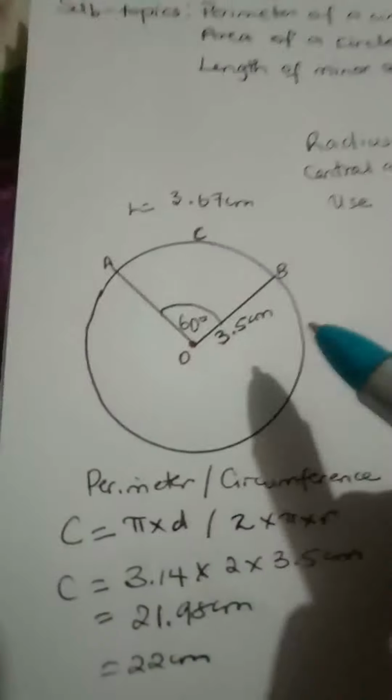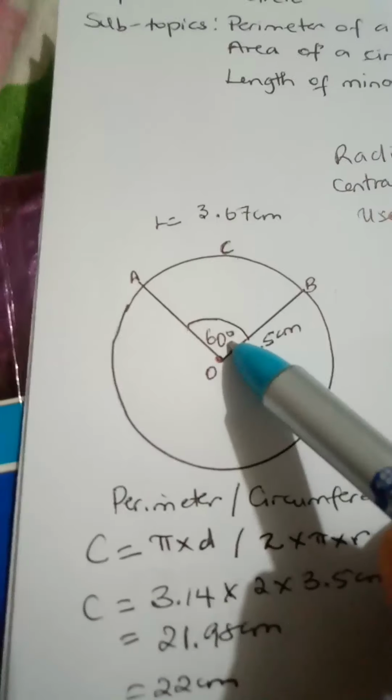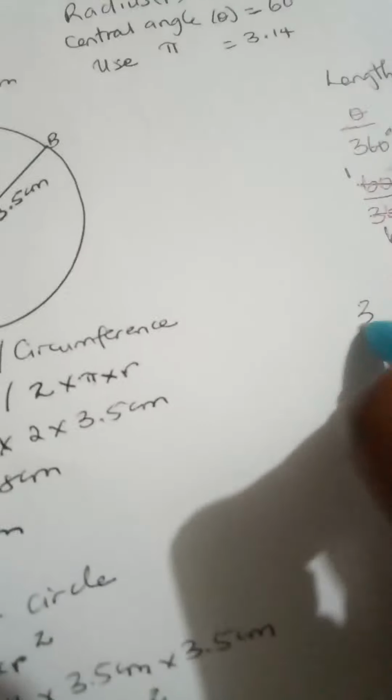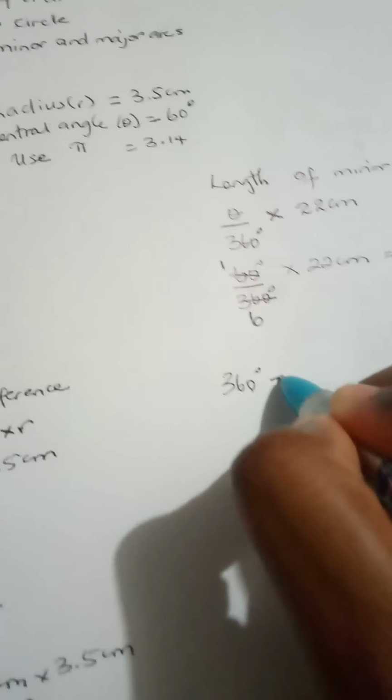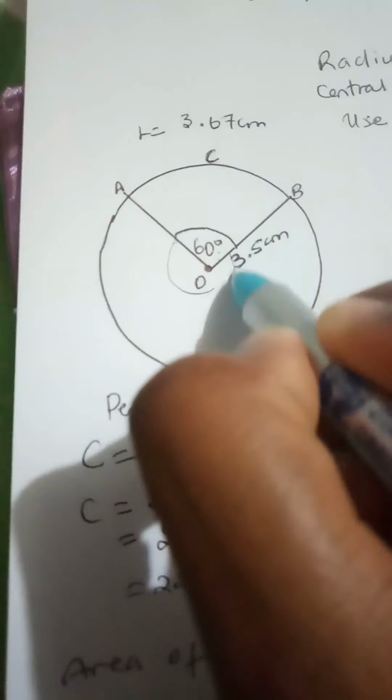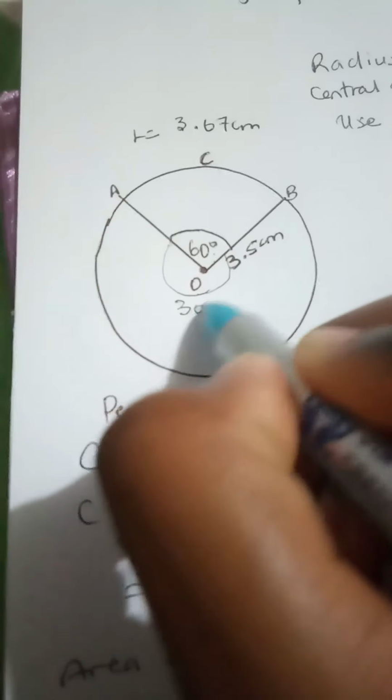Since the minor arc is represented by a 60-degree angle, the major one would be 360 degrees take away 60 degrees, and we will get 300 degrees. So this angle here at the center would be 300 degrees.